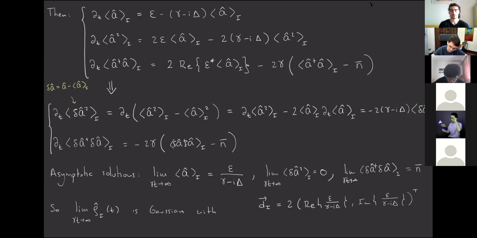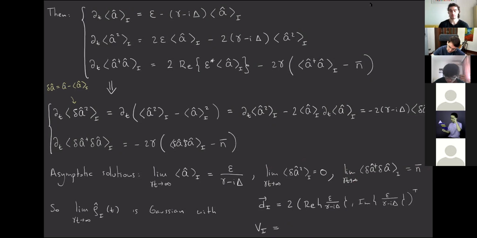And then the covariance matrix. If you remember, we already saw how to find the covariance matrix just from the definition of this and this. So you can come back to check it, and it's very easy.